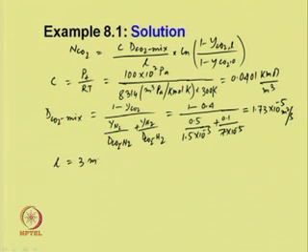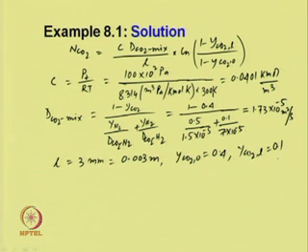L is given, which is 3 millimeter, equal to 0.003 meter, and y CO2 naught is 0.4 and y CO2 L is 0.1.